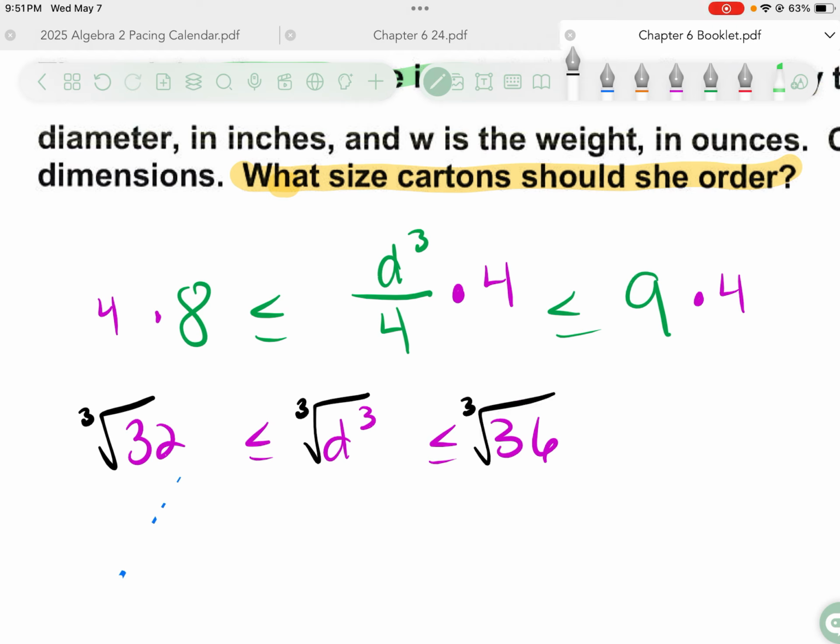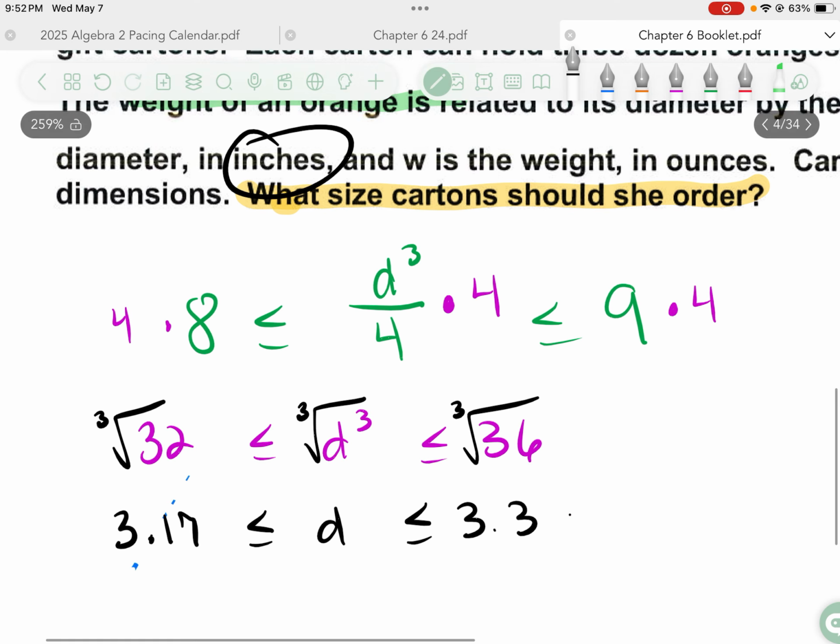Now because we're working with measurements and box sizes, you're not going to give your answer in radical form. You would probably put that as a decimal. So I'm just going to go to the nearest hundredth here in my calculator. That's about 3.17, less than or equal to d, less than or equal to 3.3.